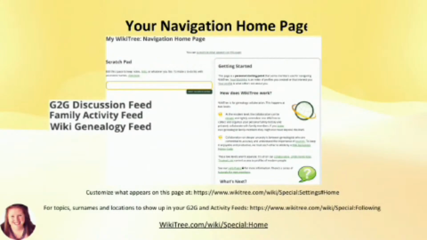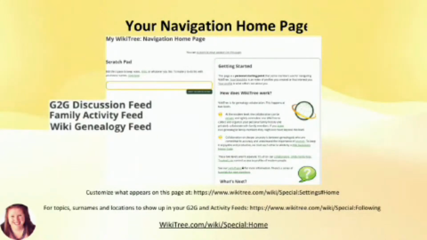There's information about changing how this page is displayed and what information is going to be showing up in the G2G discussion feed, the family activity feed, and the wiki genealogy feed there at the bottom of this slide.